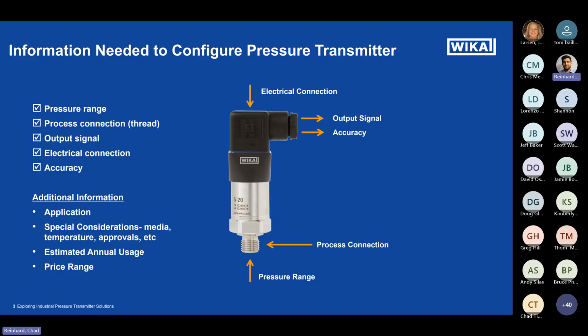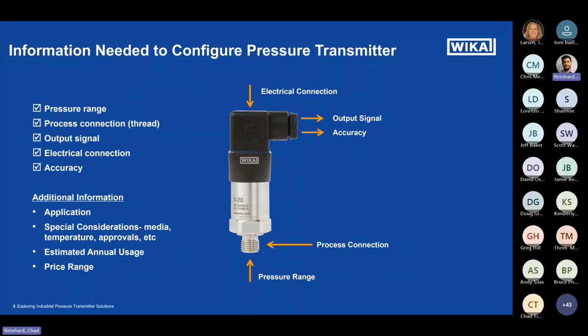What makes the sensor what you need it to be for your application? Accuracy I have on the core requirement list. It is kind of just a nice to have. We don't necessarily need to know the accuracy, but it's good to know just for reference, if you are crossing another manufacturer to a WIKA sensor, that's kind of the baseline of being able to tell what model within the WIKA portfolio would suit your needs.